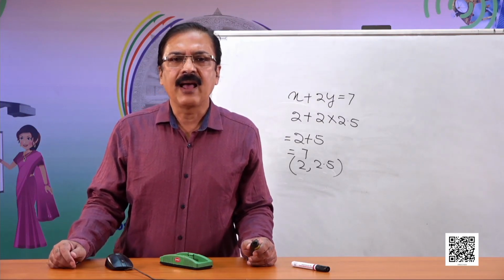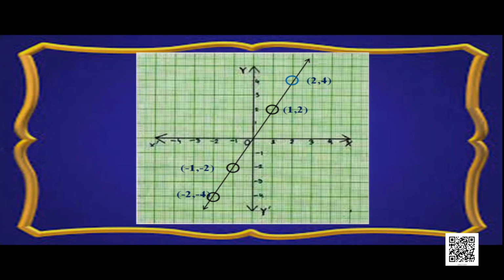Now let's take another point here that gives 2, 4. Now you can examine whether this is a solution or not. If you put the value of x as 2, the value of y is 2 into 2, that is 4.